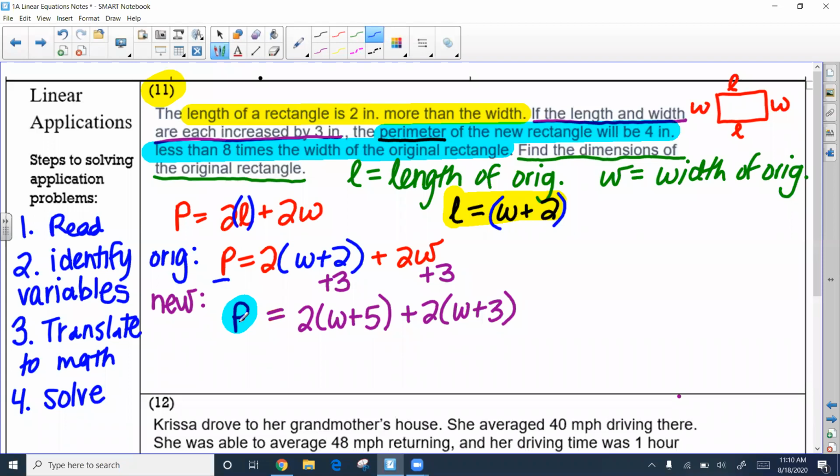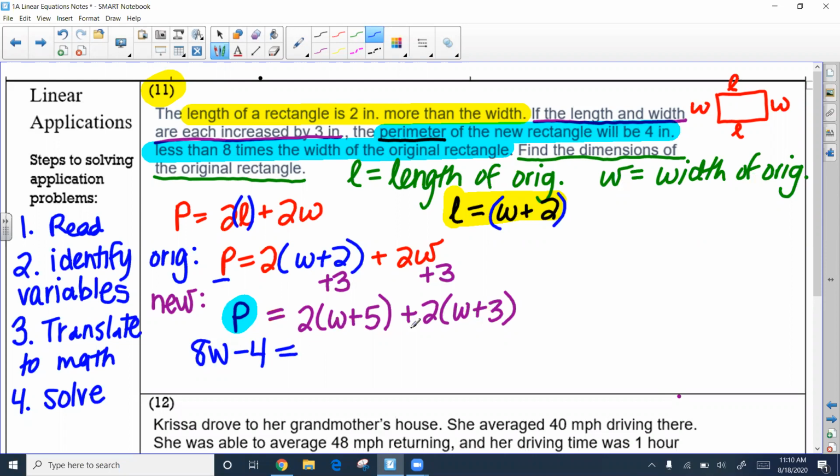So we have to be careful the way we write that. We're going to write 8W, that's 8 times the width of the original. Remember, W was the width of the original, minus 4. So I'm not going to write it as 4 minus 8W. It's 8W minus 4 because it's 4 less than 8W. Okay, so that's the perimeter.